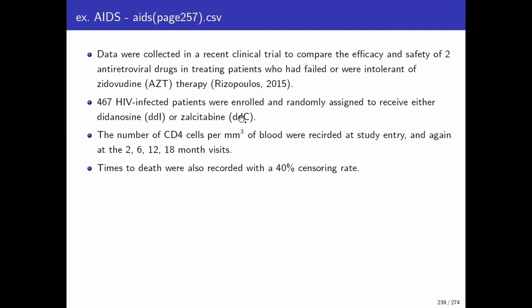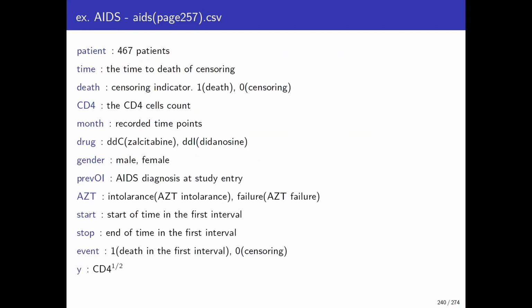The number of CD4 cells per cubic millimeter of blood were recorded at study entry, and again at the 2, 6, 12, 18th month visits. Times to death were also recorded with a 40% censoring rate.